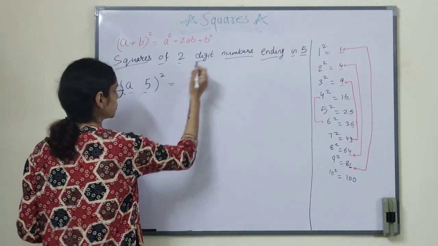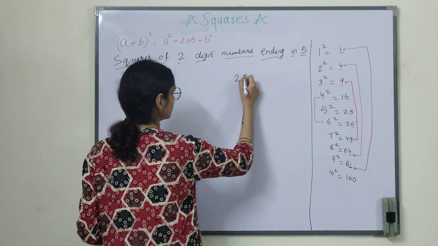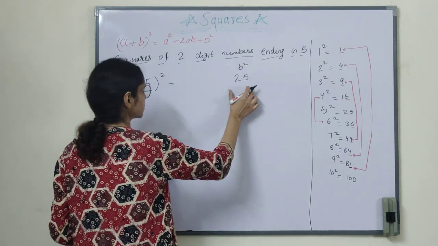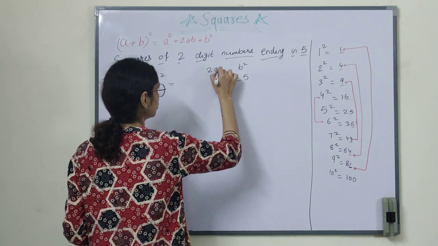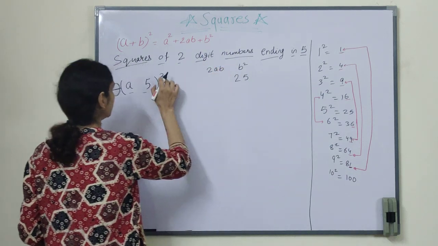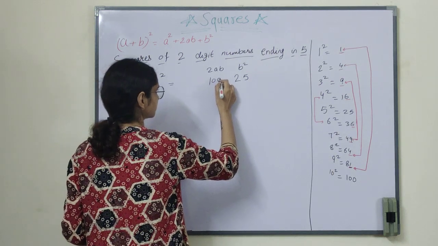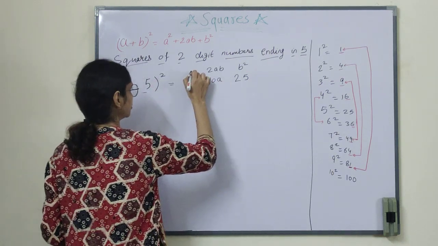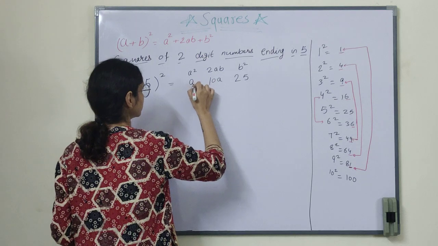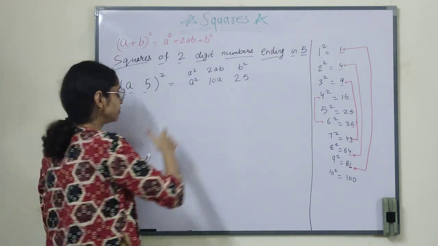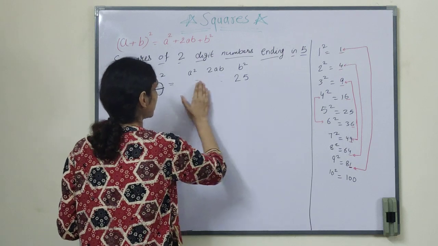If you do b square, it will become 25 because we are doing 5 square. If you do 2ab, it will become 2 times 5, 10, 10a. And if you do a square, it will just be a square. Because of this, you don't have to do this.